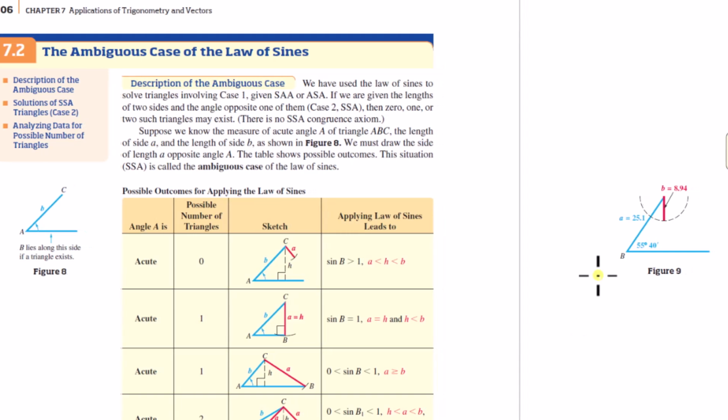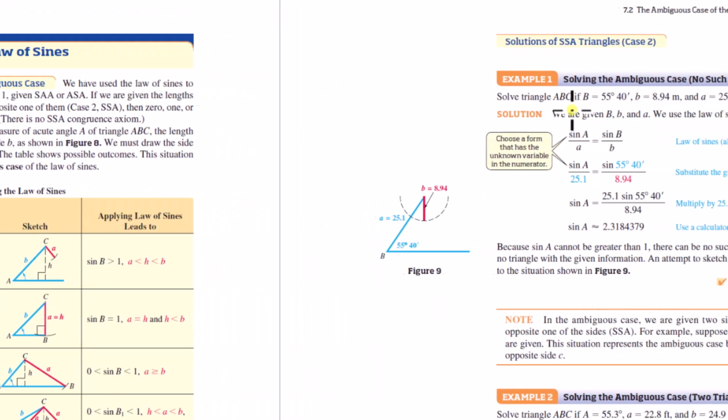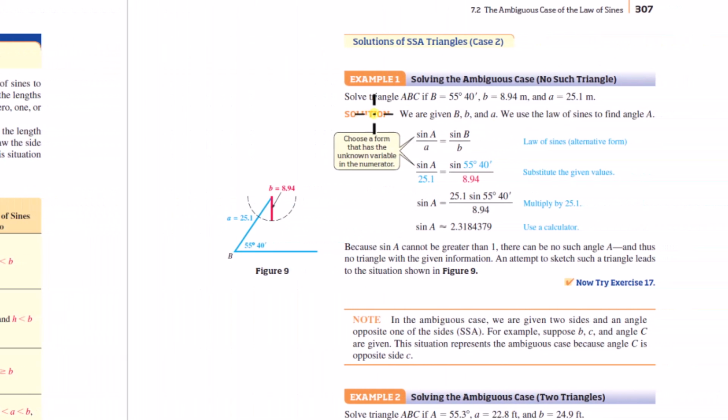So what I mean is that if you were asked to solve a triangle and it's the ambiguous case of the law of sines, if it's the one triangle case, then just draw that triangle and give the side lengths and angles, and that's your answer. If it's the no triangle case, then just write that there's no solution here. There's no triangle that satisfies this. If it's the two triangle case, then your final answer is going to be two separate triangles with all of their side lengths and angles.